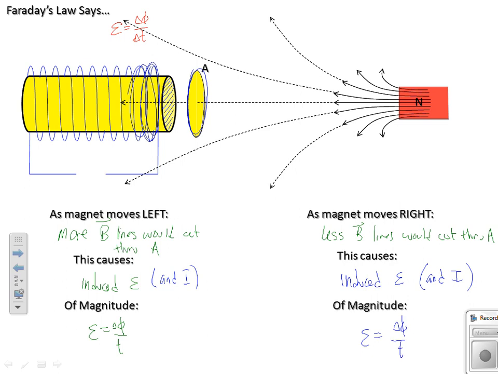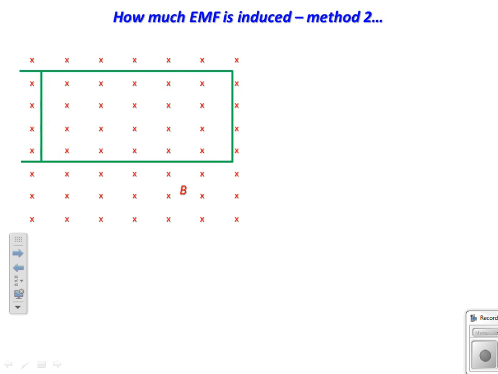All right, so I think the big point of this is to show you that you can move magnets instead of moving loops of wire and still induce current or EMF. Okay, now, another way to figure out induced EMF.